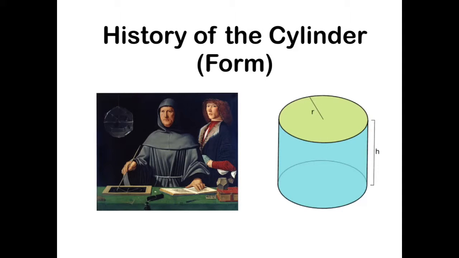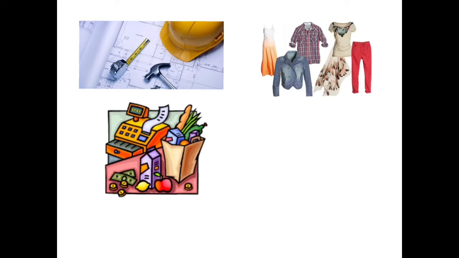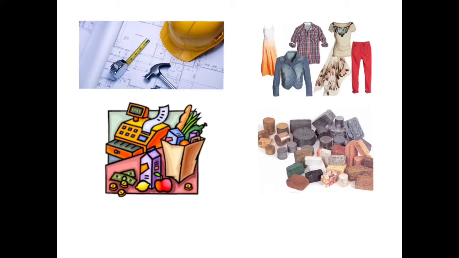Now I'm going to talk to you about the history of the cylinder. As civilization developed, so did the different rules for getting a shape's area. These were required for many tasks, such as constructing dwellings of an appropriate size and shape, fashioning clothing or providing food or raw materials.